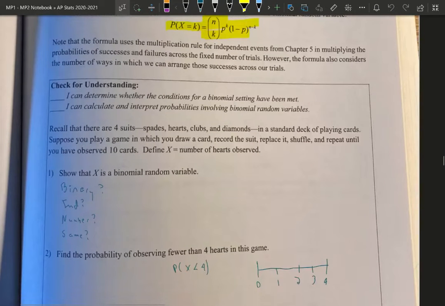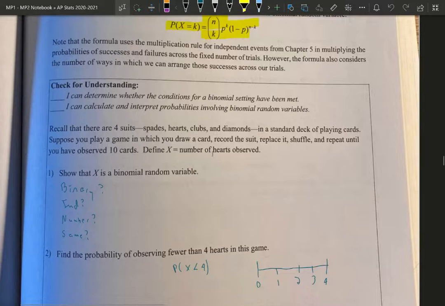All right, recall that there are 4 suits: spades, hearts, clubs, and diamonds, in a standard deck of playing cards. No problem. Right here, so suppose you play a game in which you draw a card. Record the suit, replace it, shuffle, and repeat until you have observed 10 cards.